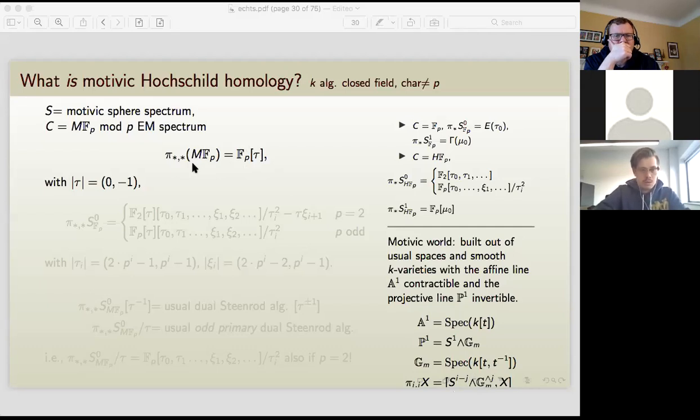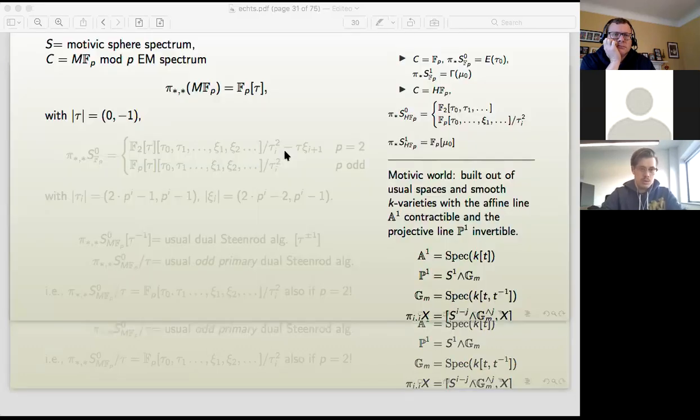So it has weight -1. We would have more interesting stuff if K wasn't algebraically closed. But let's stay with this case.